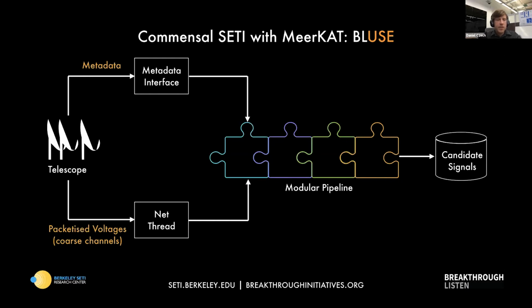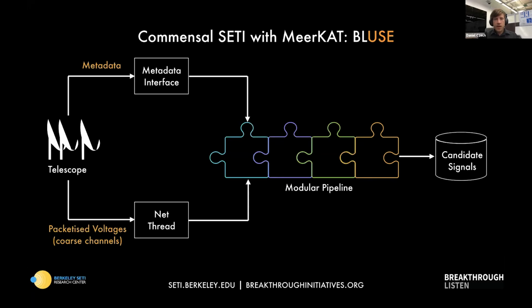On the other side, the raw data itself, which arrives at an extremely high data rate, will be received by the heavy processing system, the processing nodes. This information will be integrated in this modular pipeline with the end result being storage of candidate signals. Something to note is that the data rate is so high: it's 27 gigabits per second per antenna.